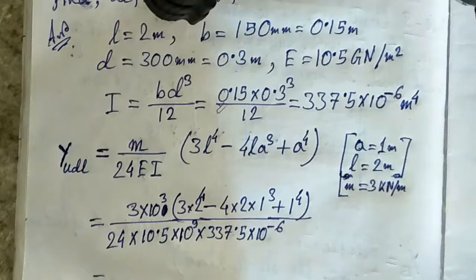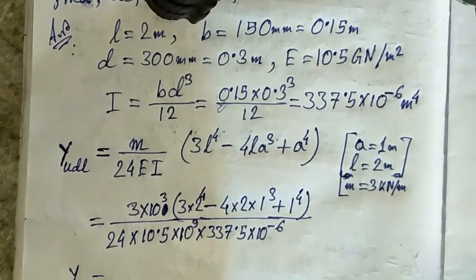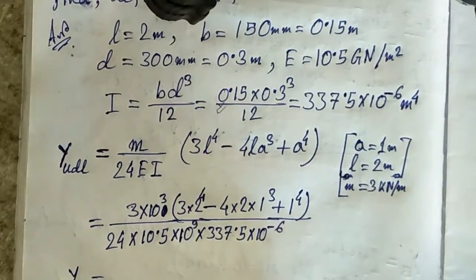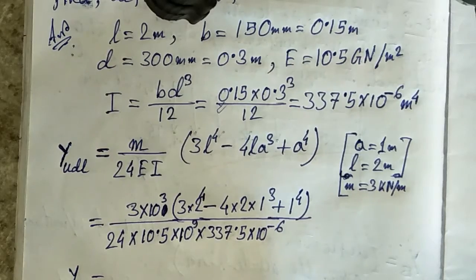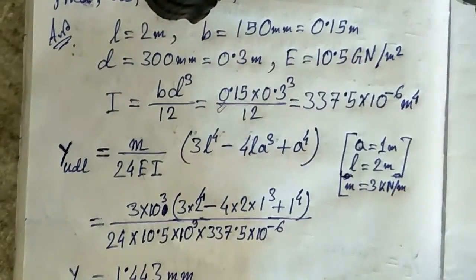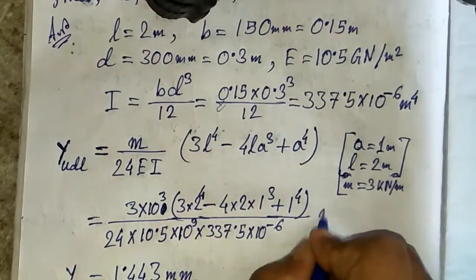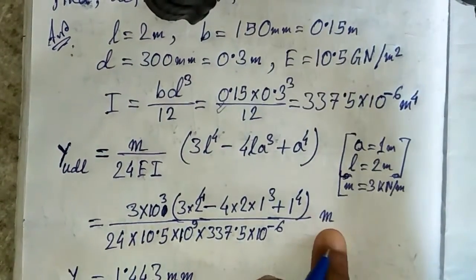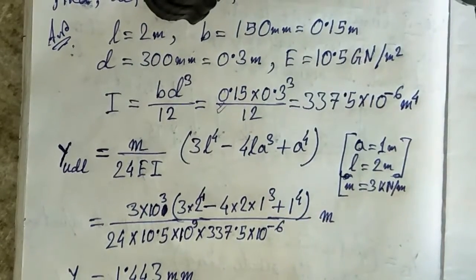So we get the deflection for UDL, Y UDL, as 1.443 millimeter. This one gives the meter, but I have converted into millimeter.